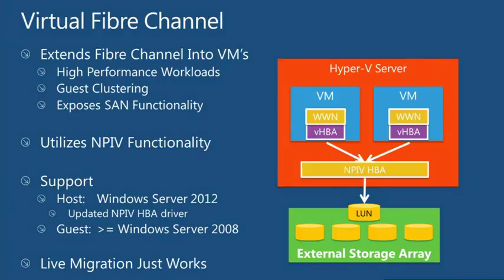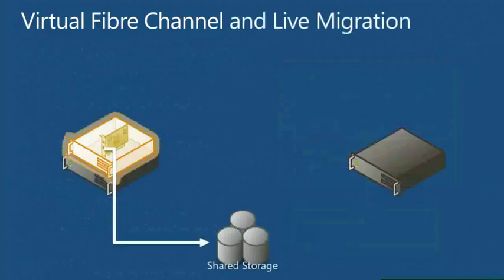Your ICs will be automatically updated and will provide you this functionality. And one of the most exciting things about this configuration is that live migration just seamlessly works, right? You don't want to say, hey, now I have this configuration, but I can't do live migration. So that's just not an option.